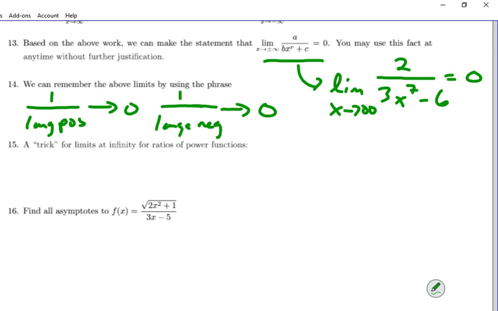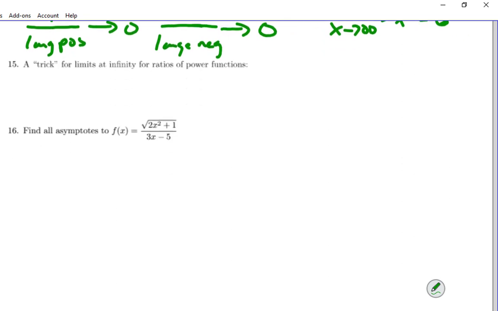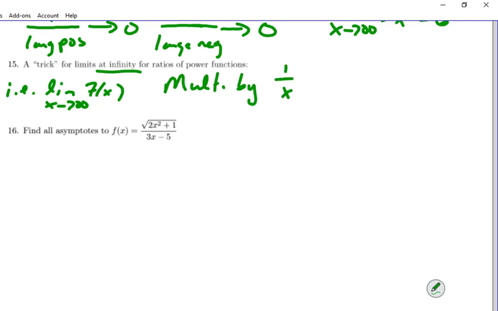Okay, folks, so here's our trick for dealing with limits at infinity. When you deal with limits at infinity, i.e., when you're looking at the limit as x approaches infinity of f of x, the trick to dealing with this is to multiply by 1 over x to the highest power seen in the denominator.